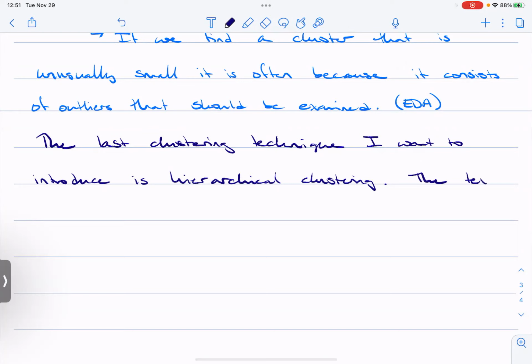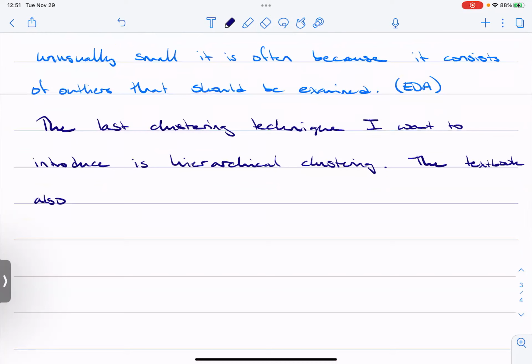The textbook also introduces model-based clustering, a more advanced technique, but it also says you can probably get away with not using it. Where we put a normal model and then put a broader normal model on top and deal with things that way.